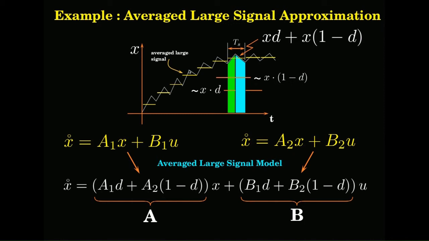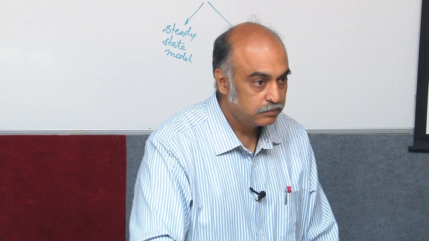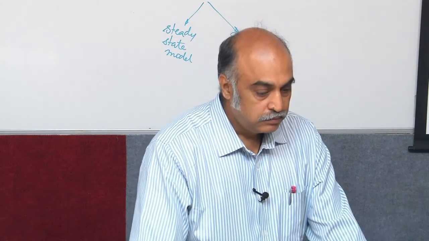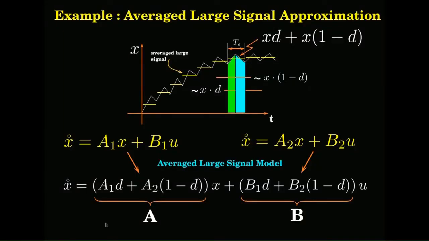Then also if we have the output equation, y is equal to, in this case, C1x, and here if I take output as V0, y will still be the same, because I will have C1d plus C2.